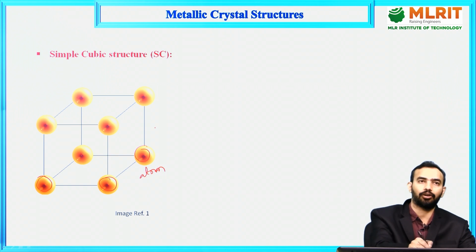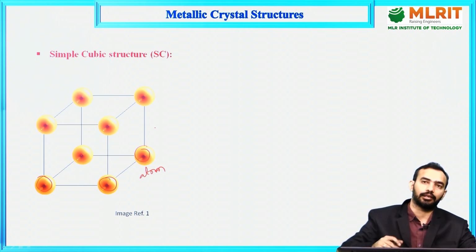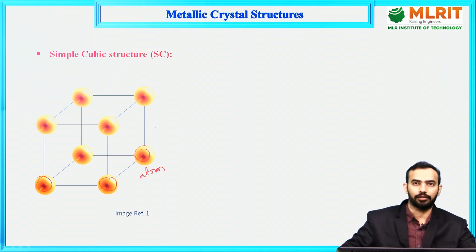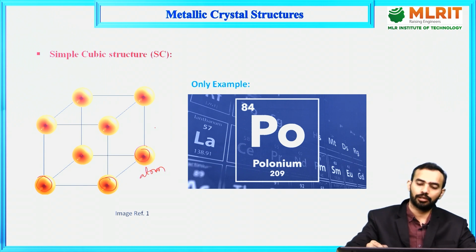On the 8 corners, I have placed 8 atoms in this unit cell, and this is a simple cubic structure for this particular cube, that is, the unit cell. So this is a simple cubic structure. If you look for an example, the only metal that is present in the simple cubic structure is polonium.